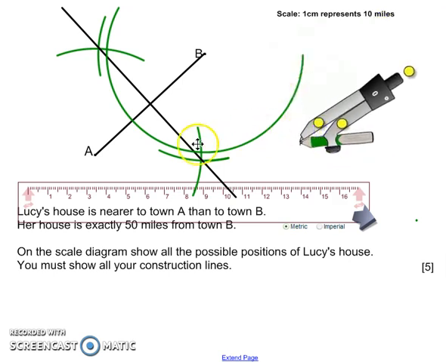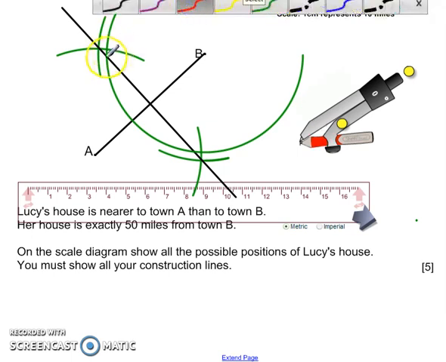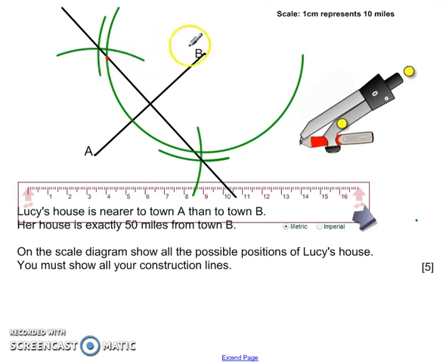Now what we've got, if I just highlight that for you in a different colour pen, is a point here, which Lucy's house couldn't be there because it's exactly halfway between. Lucy's house could be anywhere between these 2 points, and I would write something to that effect on the piece of paper to be on the safe side, but we could indicate that her house is anywhere along this arc.